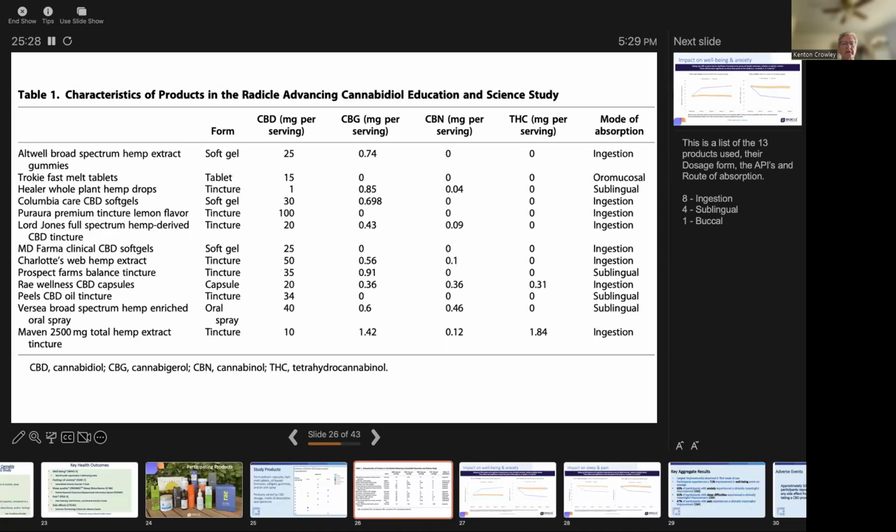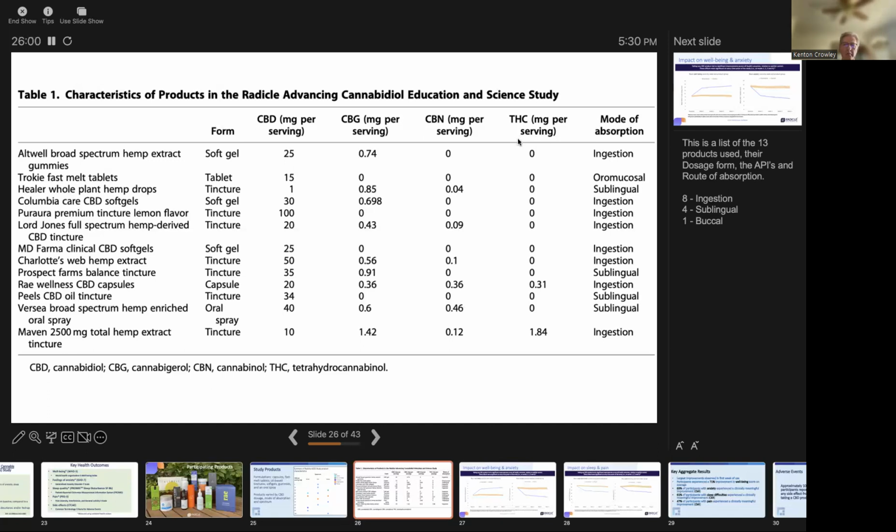This is a list of 13 products that were used, their dosage form, and the APIs and route of absorption. There were 8 that used ingestion, 4 that were sublingual, and 1 that was buccal, as well as the CBD, as well as a couple other minor cannabinoids, and if there was any THC at all measured.